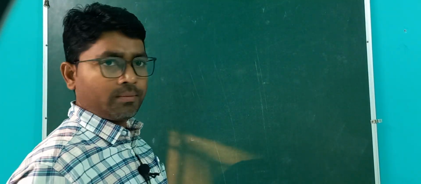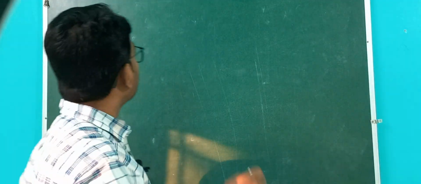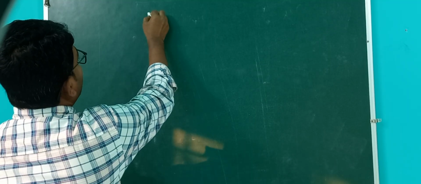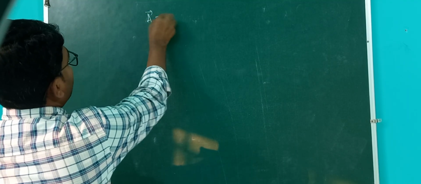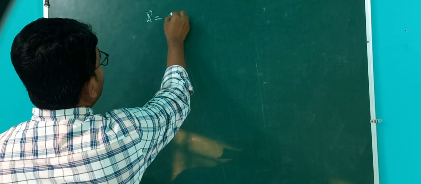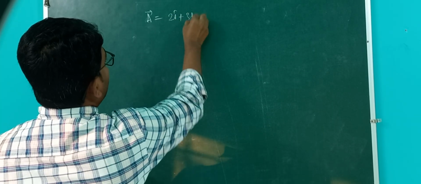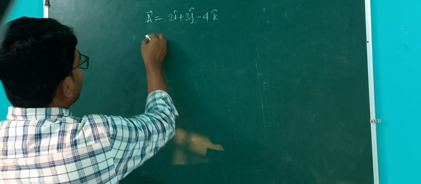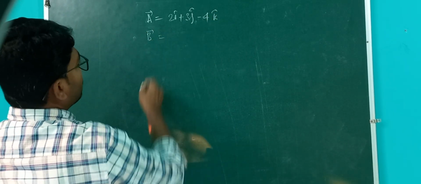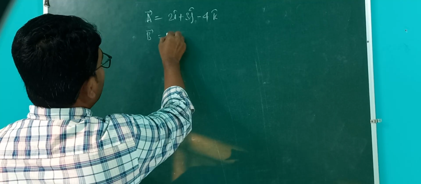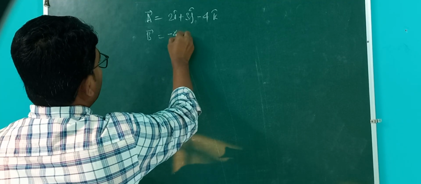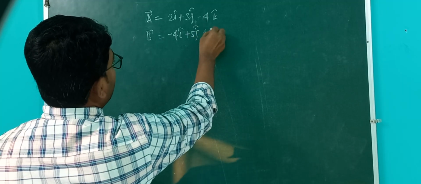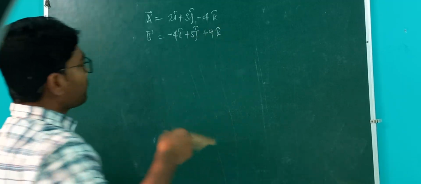Now let's start with a very simple example. Suppose A vector equals 2i plus 3j minus 4k, and B vector equals minus 4i plus 5j plus 9k.